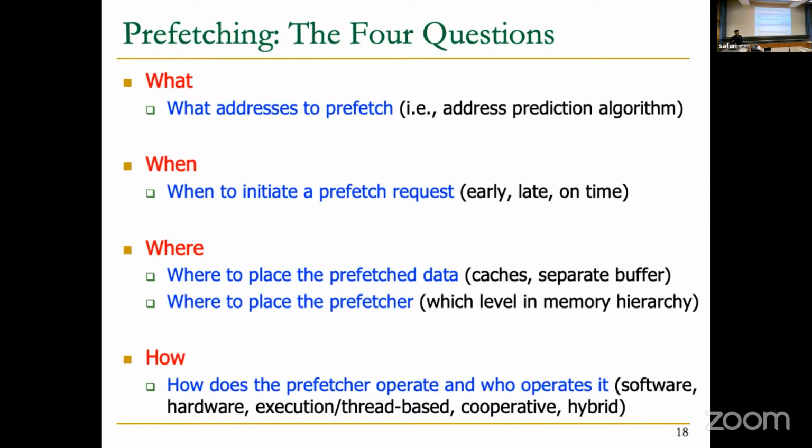So the answer is yes. We would see that if we design some policies which are agnostic to the fact of whether a memory request is generated by a prefetcher or by a core, then they tend to perform poorly as compared to a policy that is aware of such distinctions, right?